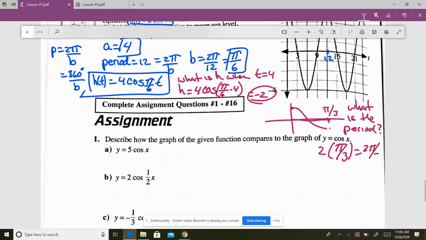So it'd be 2 pi over 3. But it's 2 times the distance between the max and the min. That will help you with question number 10.